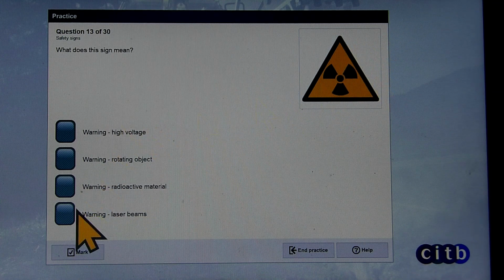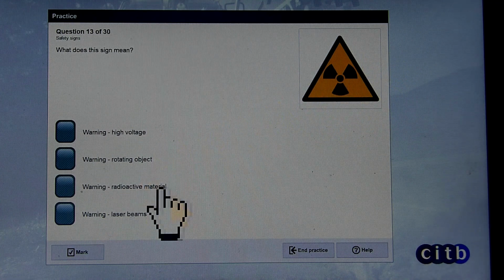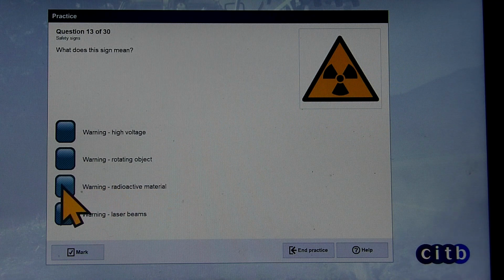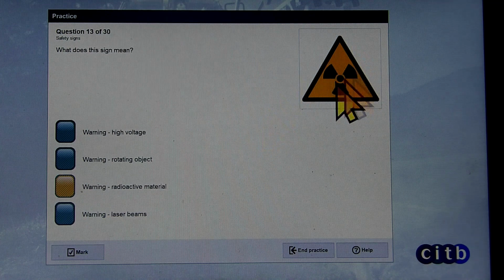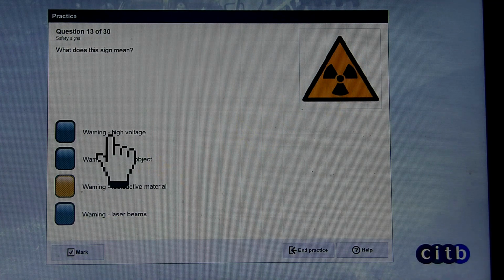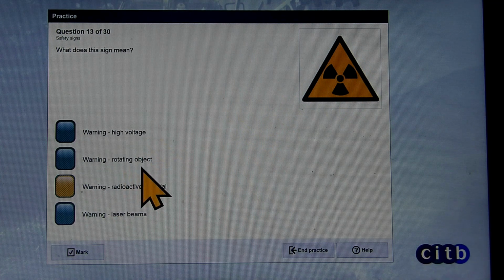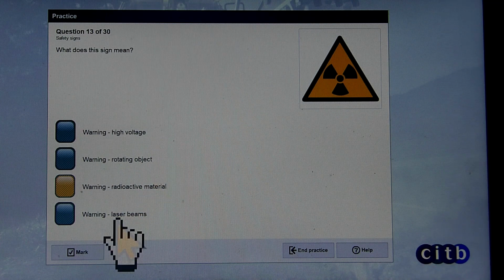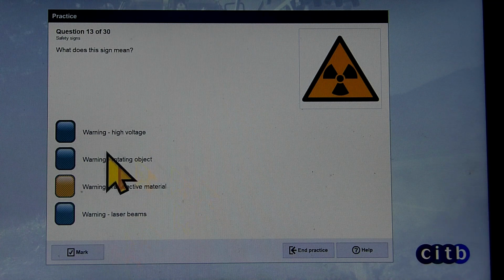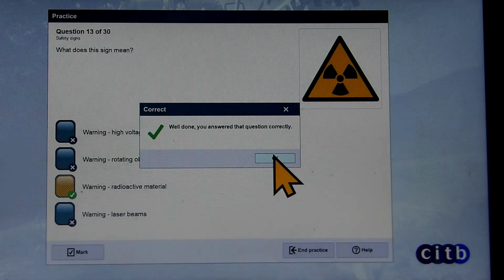But warning about what? About radioactive materials. It's not about high voltage. It's not about rotating objects. It's not about laser beams. It's about radioactive materials. Well done.